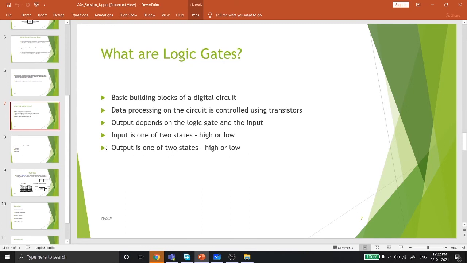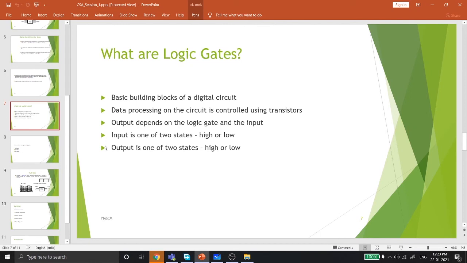Millions of transistors are combined to make logic gates and fit inside a small, roughly 1-inch sized processor. So that's what it is.